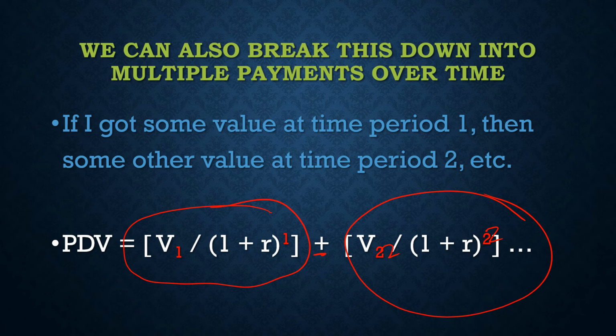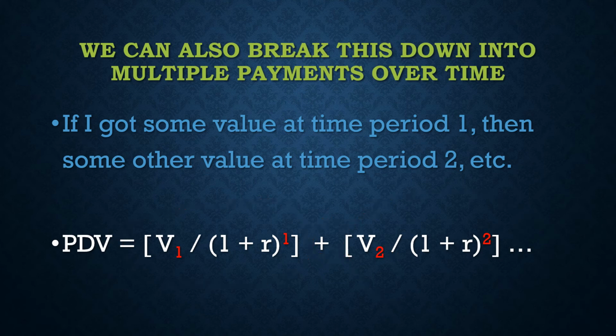We can calculate the present discounted value of that by simply adding these two together. And so you can see a representative equation here of what you would do when you get multiple payments into the future that you want to discount into today's monetary terms, or the present discounted value.